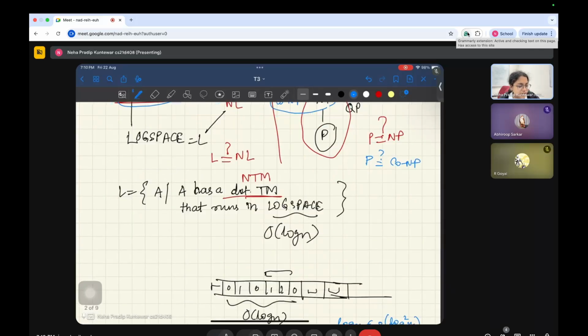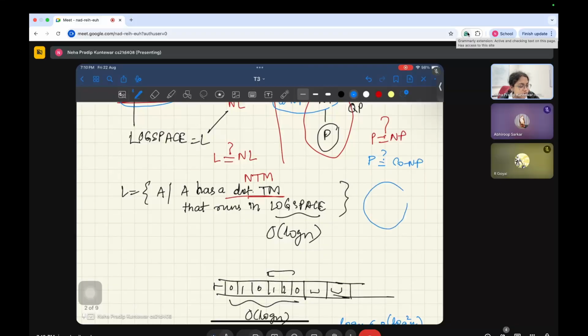The picture that we had was something like this: we had NP here, we had co-NP here, and P was somewhere inside, and we don't know whether the intersection of NP and co-NP is equal to P. We know that P is contained in the intersection, but we don't know whether it is proper. So whether P is equal to NP intersection co-NP is another big problem in the time world.